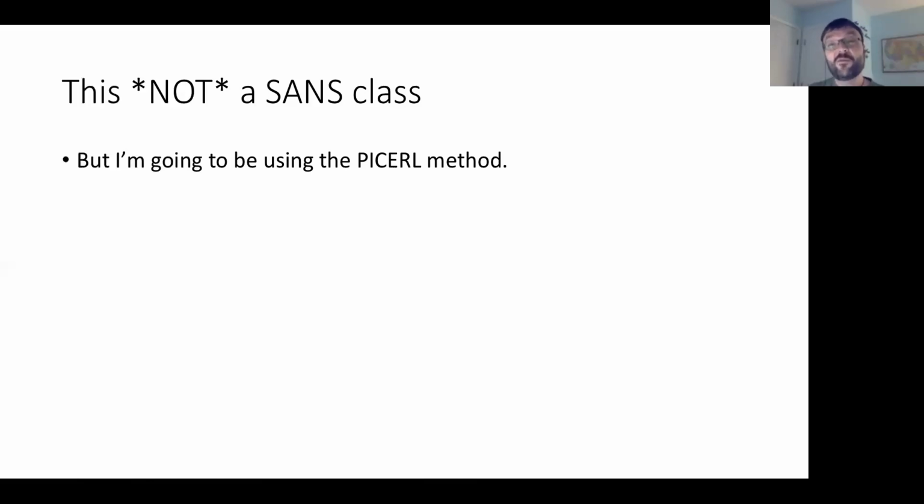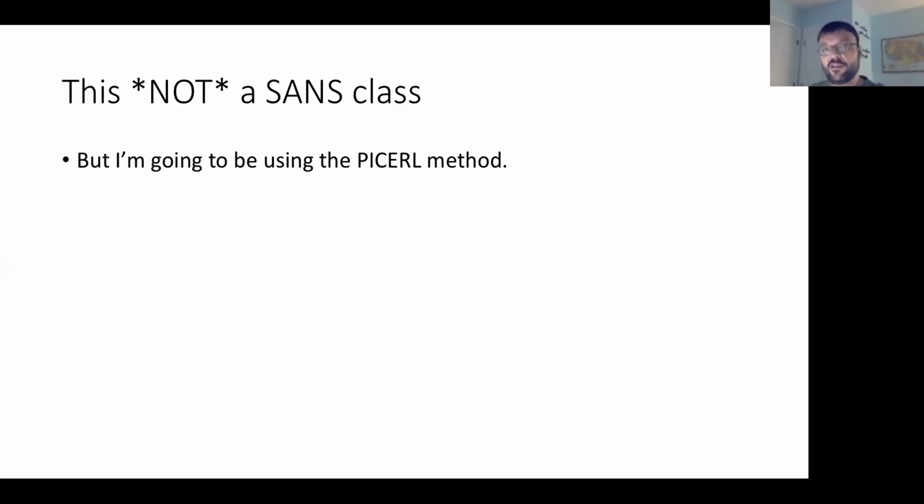We're going to be going over the PICERL method, which is the SANS approach to handling incident response. Today, we're going to be focused a lot on the preparation phase and getting you familiar with PowerShell, what you can do with it, and how to play around with it. Lessons learned, we're probably not going to be using that a whole lot because I don't know how PowerShell would help you learn lessons from an incident response.